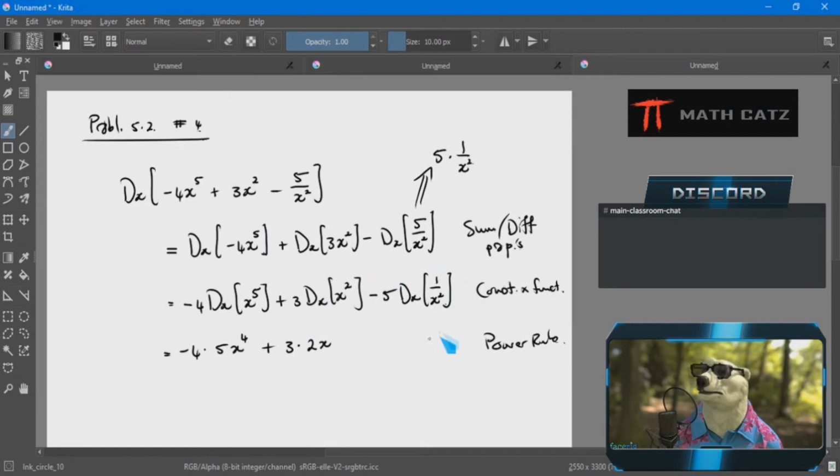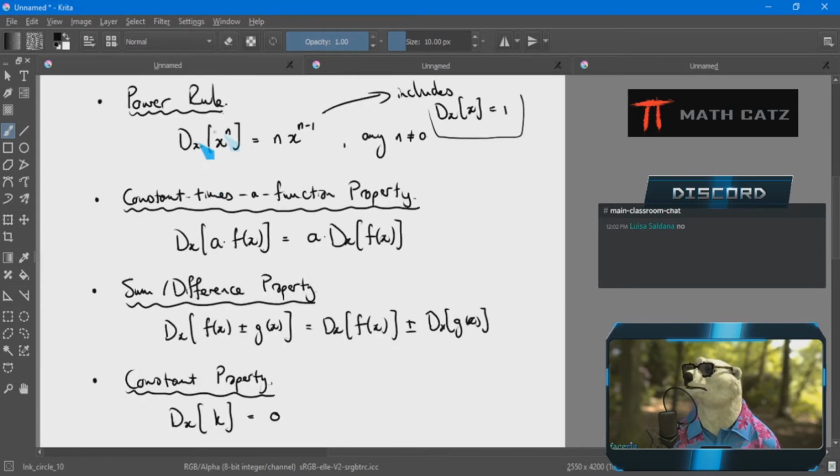Is that last term ready for the power rule? Not really, no. It doesn't look like the power rule wants it to look. But there's no other property.